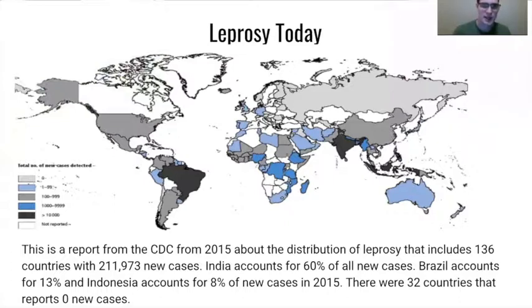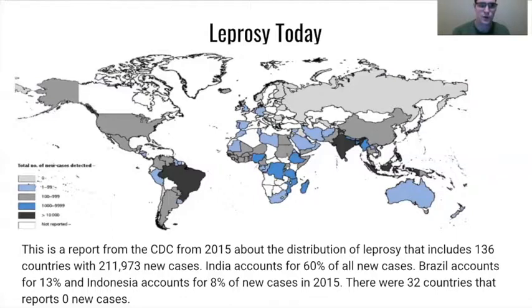So the next slide is leprosy today. This is a representation of 2015 by the CDC. This includes 136 countries, and it has 211,973 new cases in 2015. India accounts for 60% of all new cases.